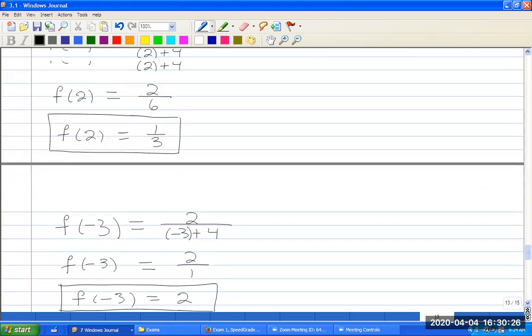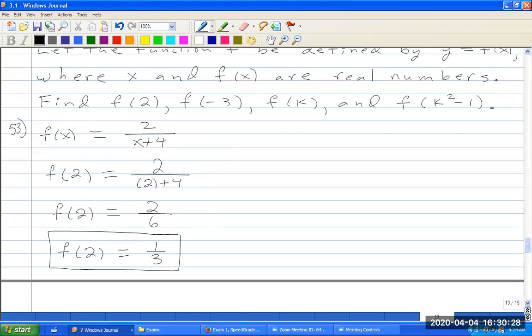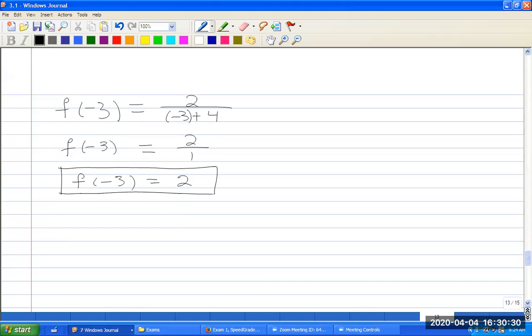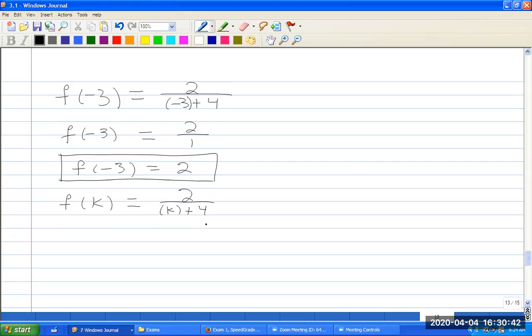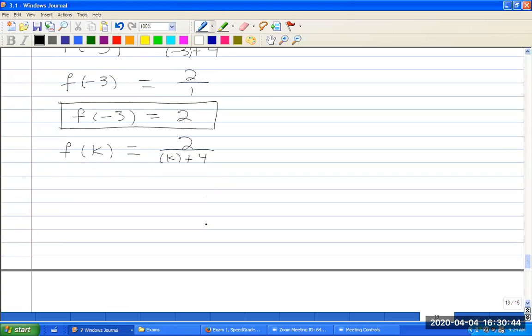Next, let's figure out f at k. Wherever I see an x, I'll replace x by k. And so f of k is equal to 2 over k plus 4. And that's your answer.